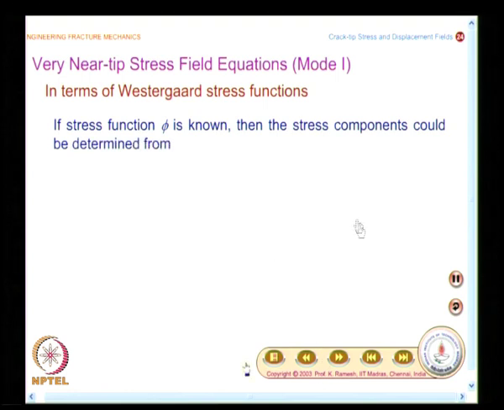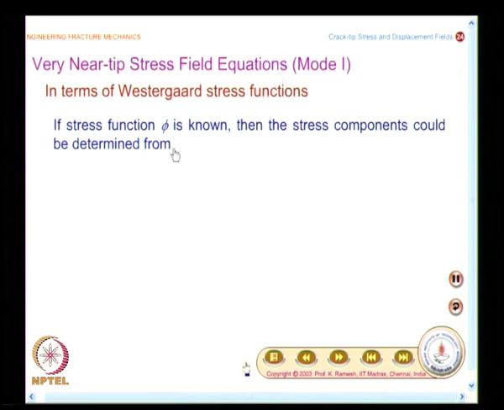And from now onwards, you will have the title very focusedly given as very near tip stress field equations, because we have shifted the origin. In the process of shifting the origin, we had brought in a simplification that z naught is much smaller compared to the crack length.